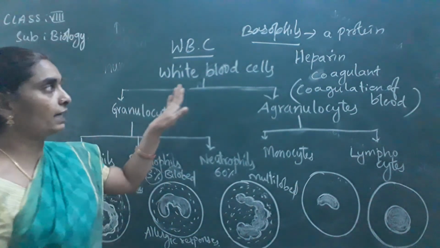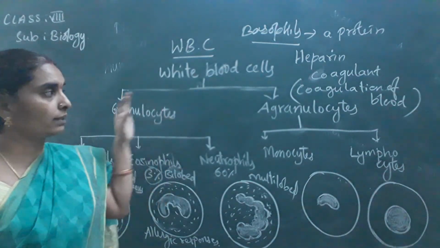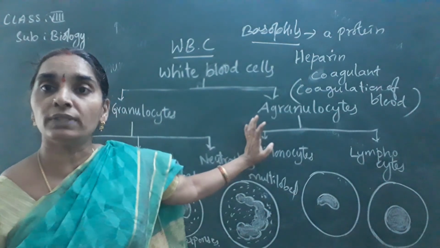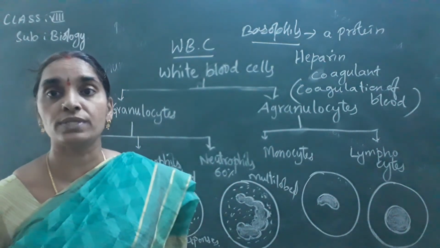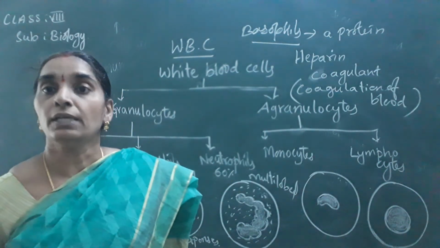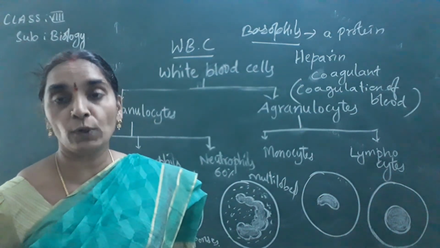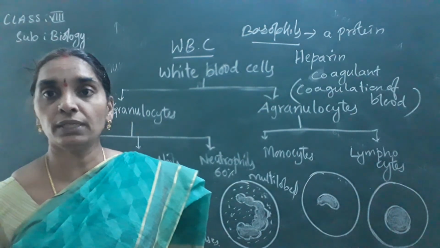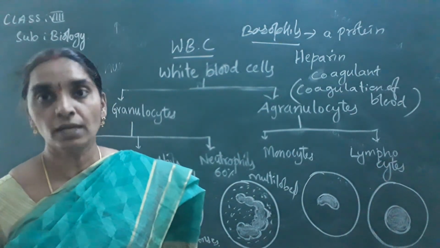The white blood cells are divided into granulocytes and agranulocytes. Red blood cells give the red color to the blood because of the pigment hemoglobin.